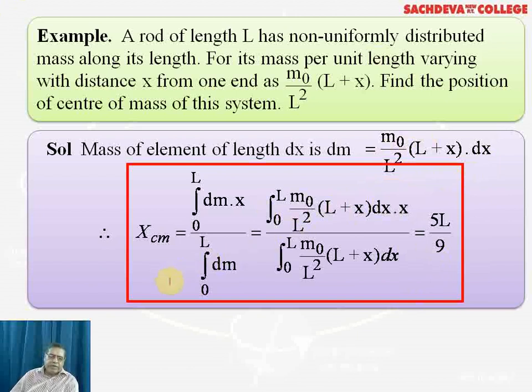We integrate the function from the limits 0 to L in the numerator as well as in the denominator. That is, the integral of x dm over the integral of dm, with limits from 0 to L. Then we compute the value of dm as shown in the above line: m naught over L squared into (L plus x) into dx. So by putting these values and integrating the function, we come to the conclusion that x center of mass is 5L over 9.